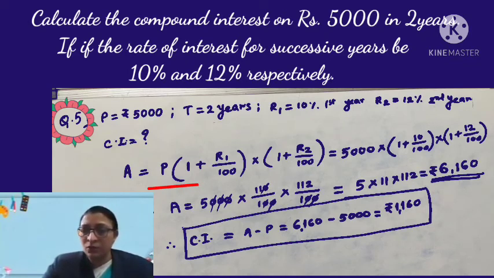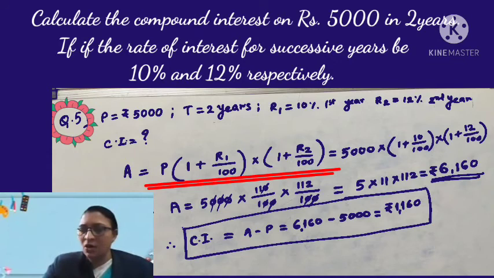So amount is equal to principal into (1 plus R1 upon 100) bracket complete, into (1 plus R2 upon 100) bracket complete. We will substitute all the values here. 5000 multiplied by (1 plus 10 upon 100) multiplied by (1 plus 12 upon 100). Therefore, amount is equal to 5000 into 110 upon 100, which is the calculation of this bracket, and 112 upon 100 is the solution of this bracket.